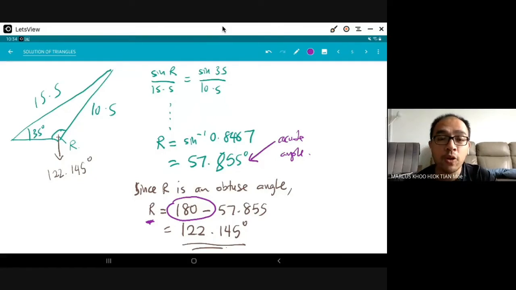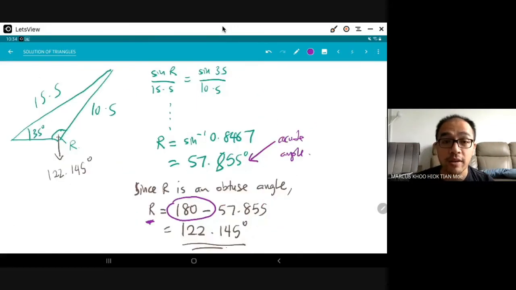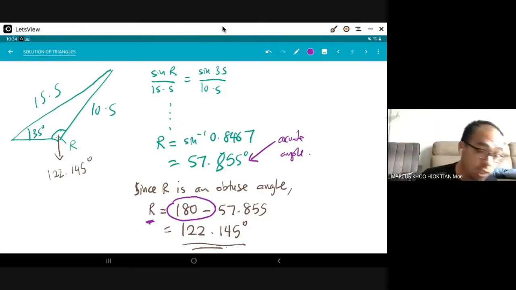Now the question is this: let's say I give you a different question, how do you know whether I'm supposed to use obtuse or acute? There are two ways. One is you need to take a look at the picture, and at the angle that you want to find.